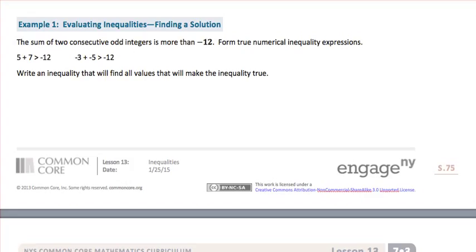We could say zero plus negative 1 is greater than negative 12, and so on.